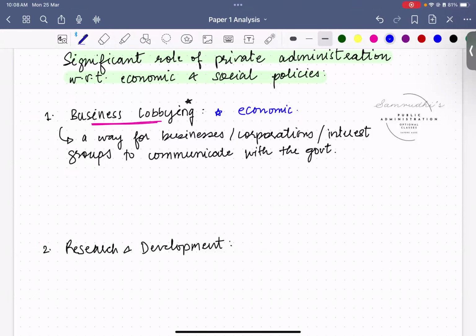But why is it also useful and influential to the government? Because the government, in return, will get an insight into public opinion. What are the examples of this?